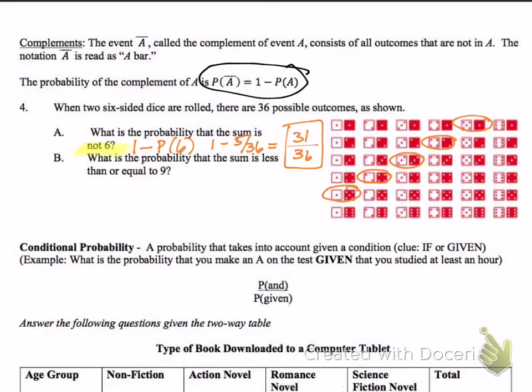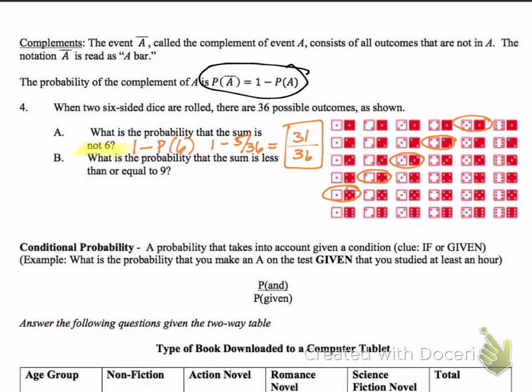What is the probability that the sum is less than or equal to 9? What are the ones that we could circle that would be easier? More than 9. So I could find all of the ones that are more than 9.